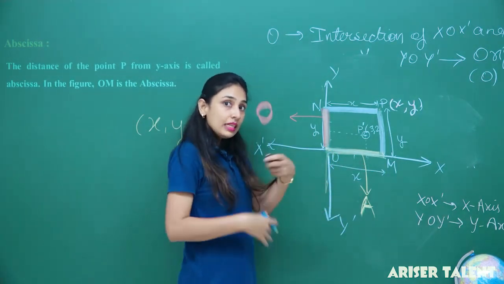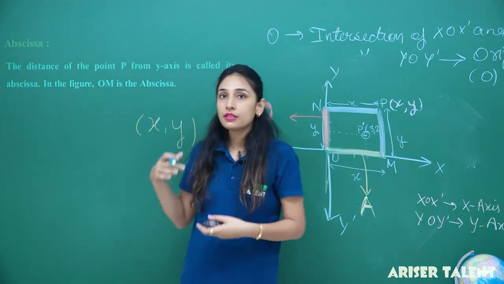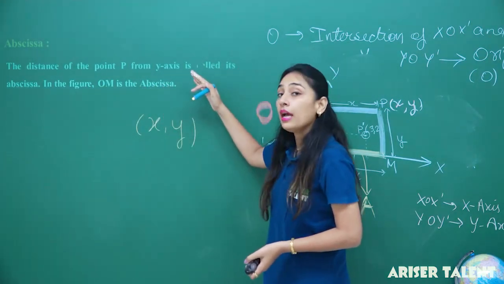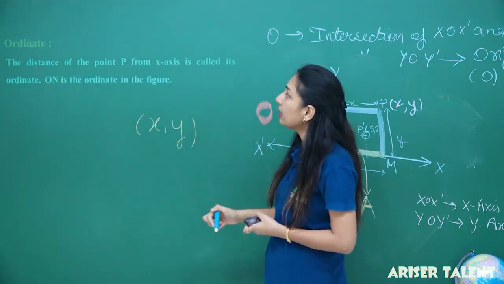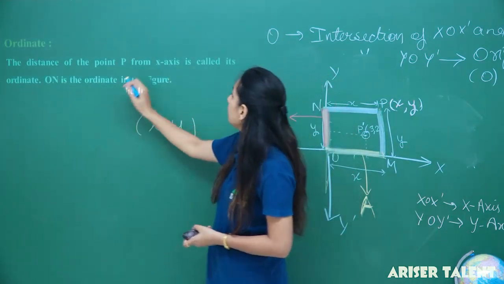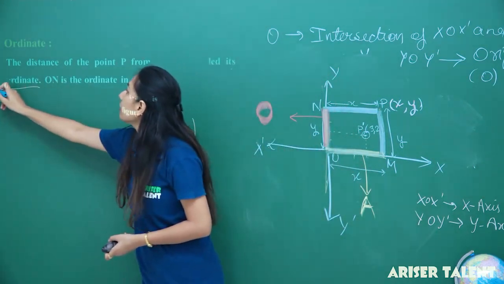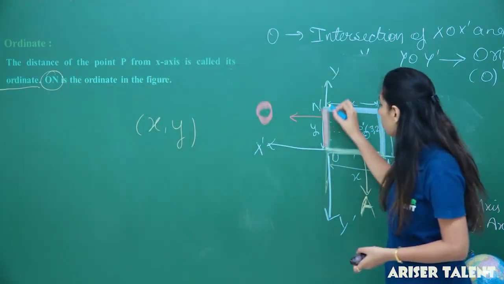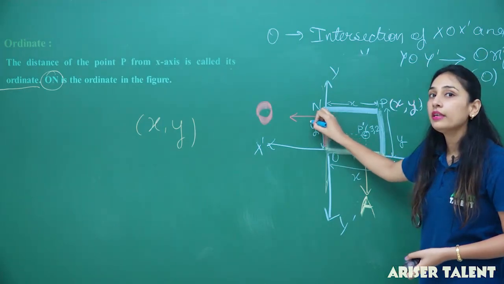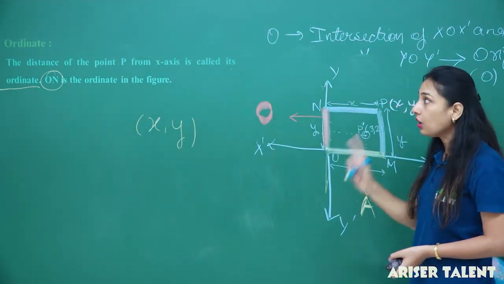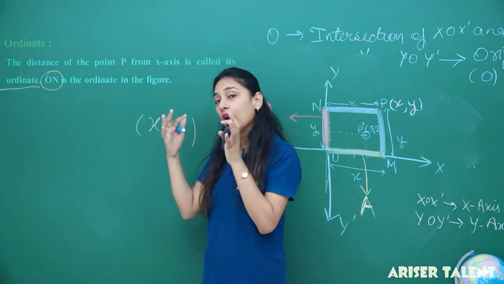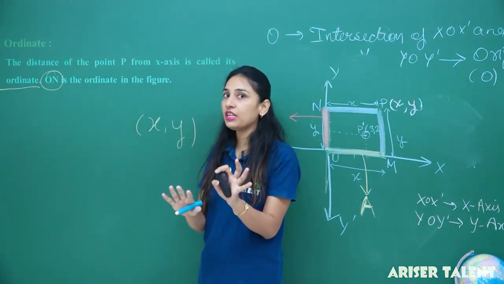Similarly, if you reverse this definition, the distance of a point P from x-axis will be known as ordinate. Here ON is the ordinate in the figure. Now you understood the difference between the abscissa and ordinate, and you can differentiate it.